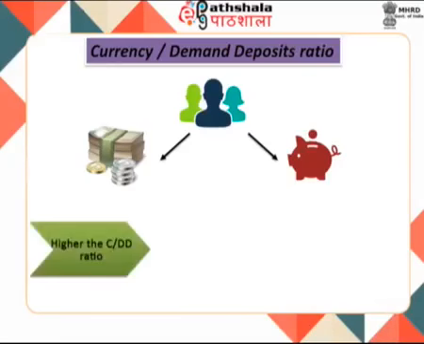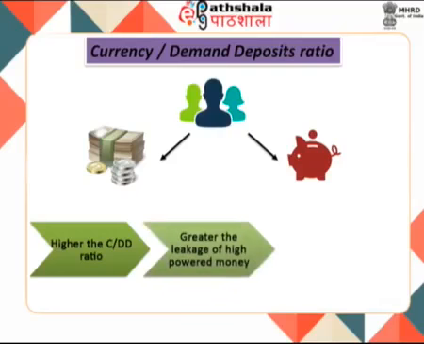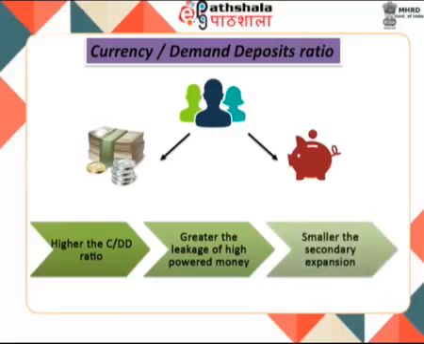For the higher the C/DD ratio, the greater the leakage of high-powered money, and therefore the smaller is the secondary expansion of money supply. Both C/DD and T/DD thus constitute leakages from the money supply process.